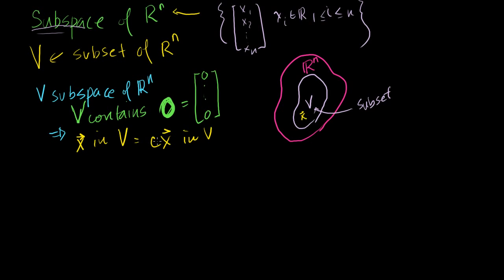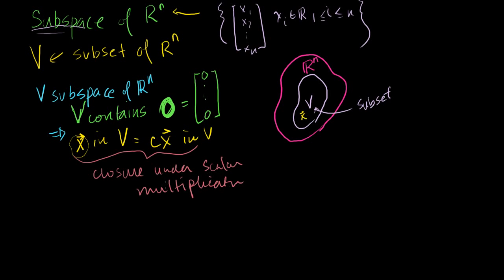For those of you familiar with the term, this is called closure. If I have any element of a set, this is closure under scalar multiplication.